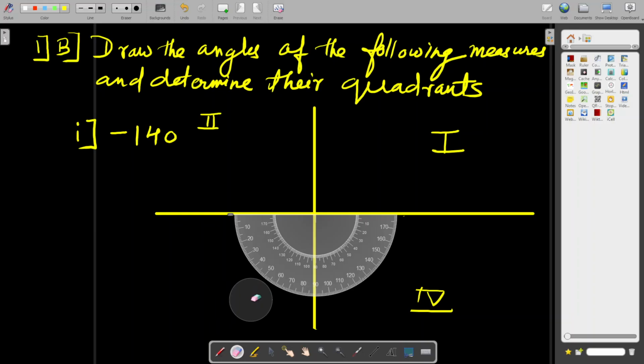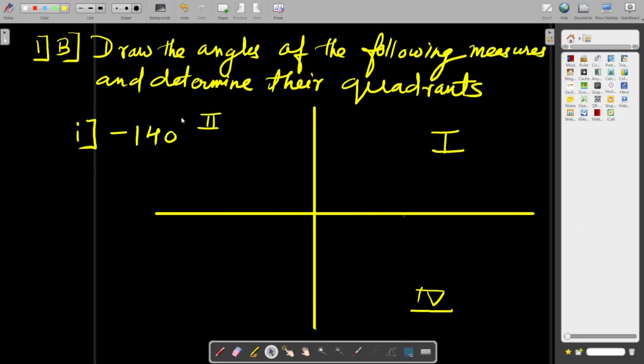Next example is 250 degree. So this is our third quadrant.